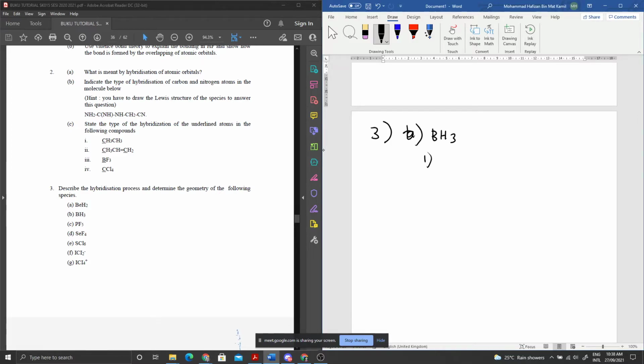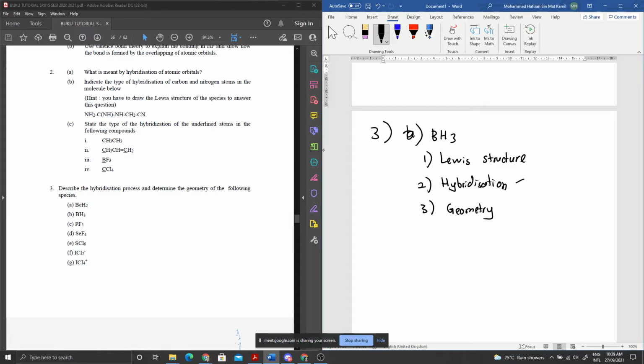So the first thing yang you need to know is dia punya Lewis structure. And then baru you akan dapat tahu dia punya hybridization. And then baru you akan tahu dia punya geometry lah.